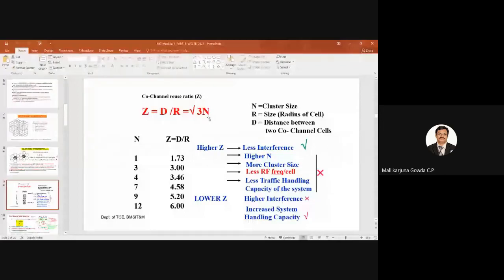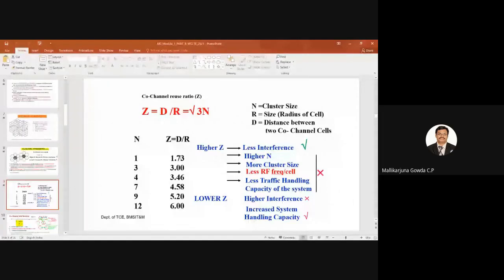For different values of N, I can calculate the value of Z. As the value of N increases, the value of Z also increases, so the co-channel reuse ratio also increases.